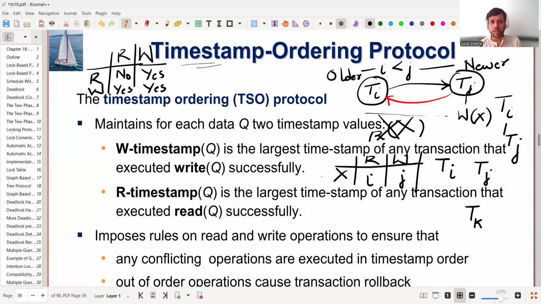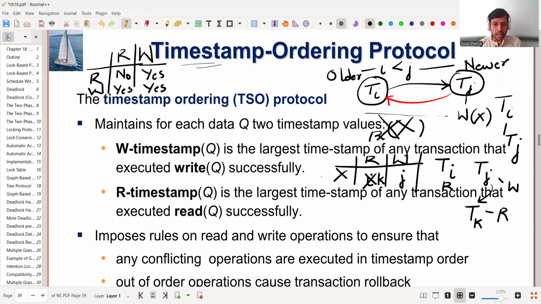It's fine because so far there's no conflict. Ti has read data, Tj has written data, and Tk is reading from Tj. So that's the dependence that is there, but this dependence is valid. It's a black dependence, not red. That is, we are not going back in time, because of which it should be allowed. Tk is trying to read, so it's fine. We'll update the read timestamp, instead of i, it is now k. That's all we'll be codifying.